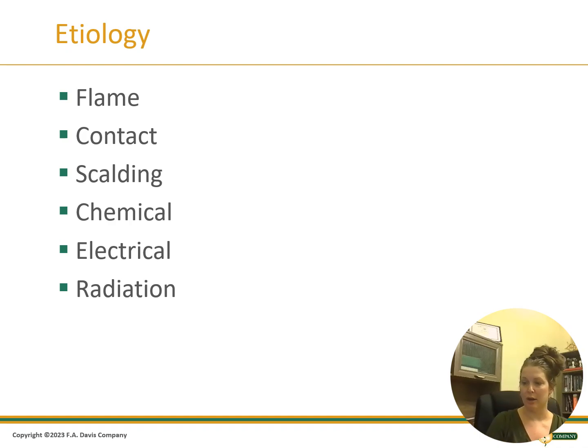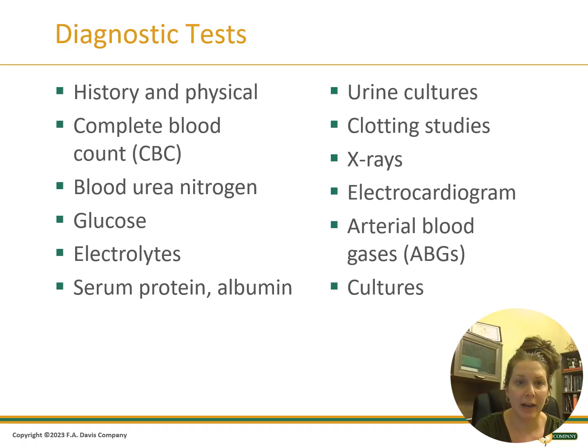Radiation burns are going to be caused by prolonged exposure to radiation, so this could be burns from radiation therapy, like for cancer, UV radiation, sunburns, or it could be a workplace exposure, like X-ray overexposure, nuclear accidents.